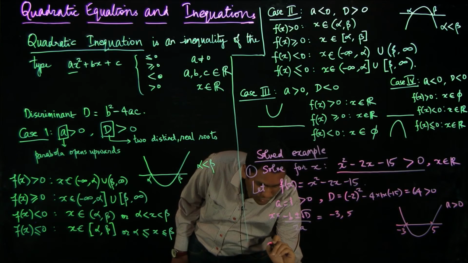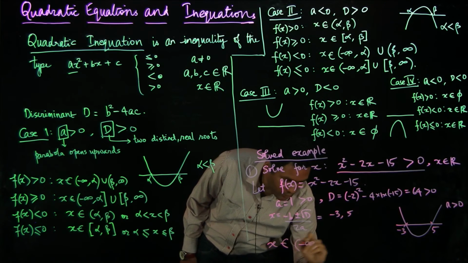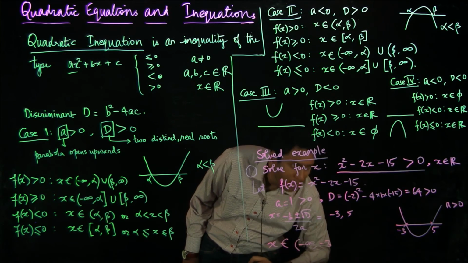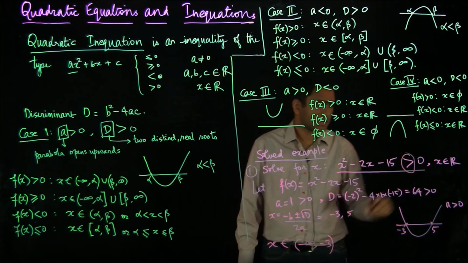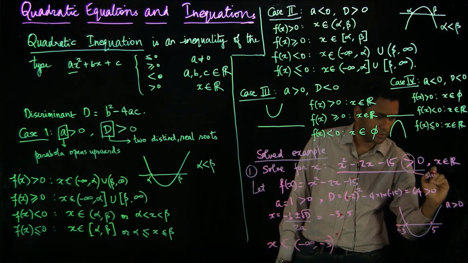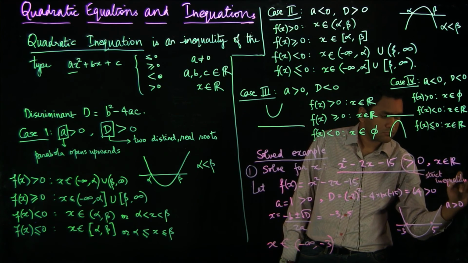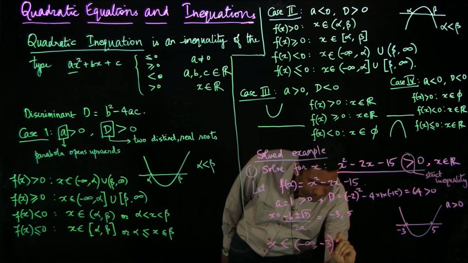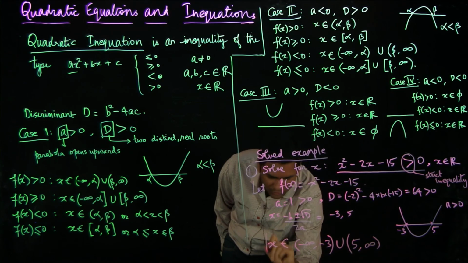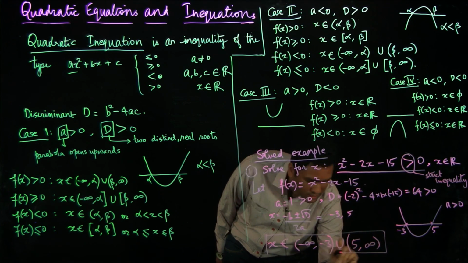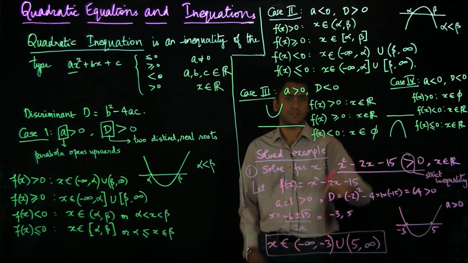So the solution is x belongs to the numbers going from minus infinity to minus 3, not included, because this is a strict inequality, union the set of real numbers going from 5 to infinity. So this is the answer or the solution for x for this given inequality.